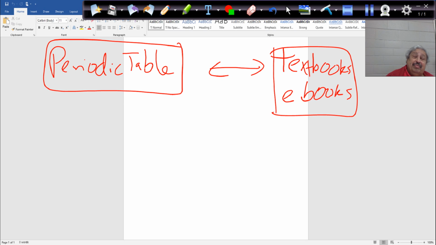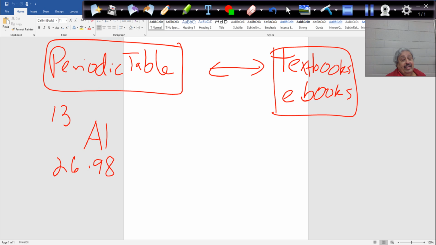I don't know why, maybe just for convenience. If I have, for example, Al, what's the name of this element? Al. Atomic number is 13. Atomic mass is 26.98.